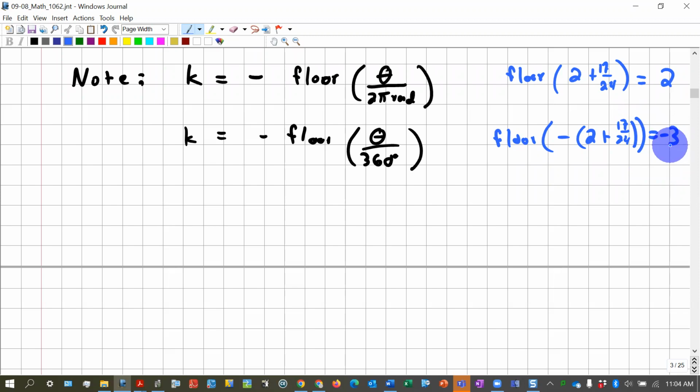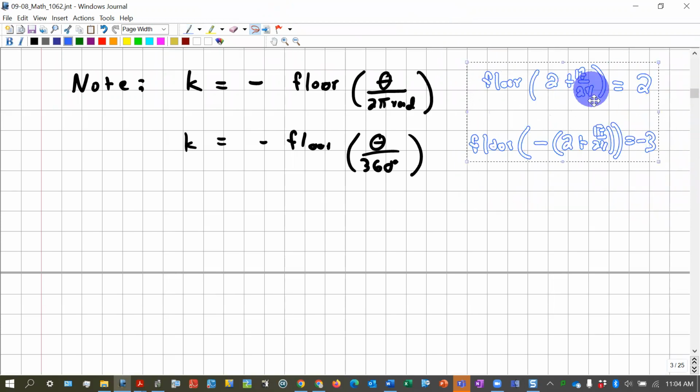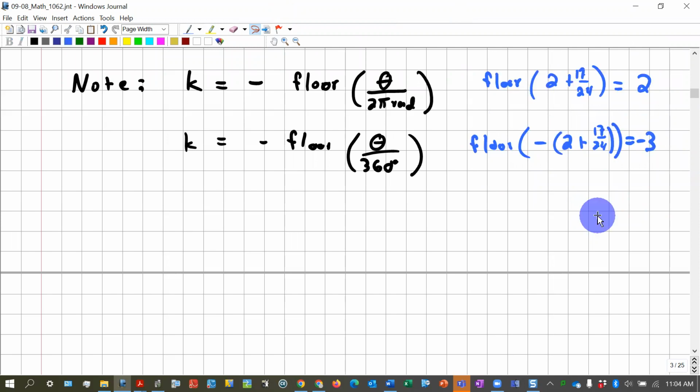So the integer that is equal to or just less than the number, that's what the floor function does. You may or may not have seen that before. There's actually a notation for that, but you don't need to know that.